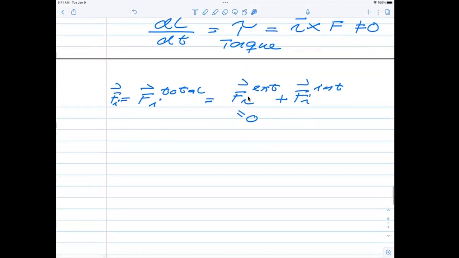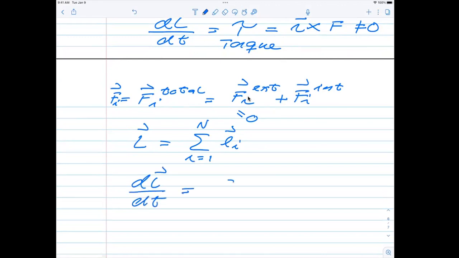And what we have now is obviously that this L is going to be the sum, since we are now looking at many objects. This is given by the sum over all the angular momenta for the different objects which we have. So if I take the derivative dL/dt, this is going to be given by the sum over i equal 1 up to n, and then I'm going to take the derivative of all the small guys here, the individual angular momenta.